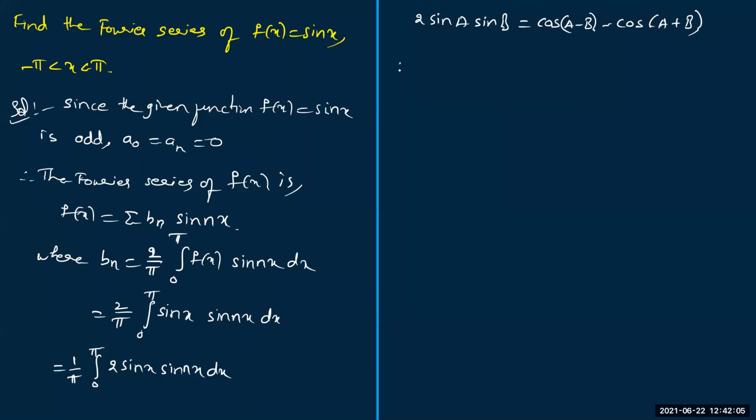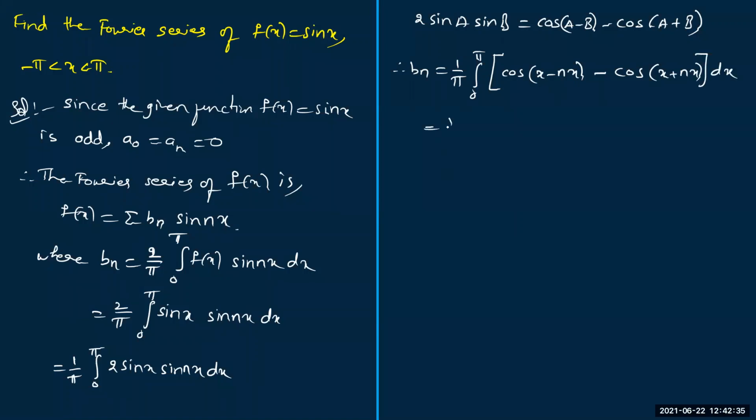Therefore, we can write Bn equals 1 by pi into integration from 0 to pi. Comparing the two, you can understand A is equivalent to x and B is equivalent to nx. So it is cos of x minus nx minus cos of x plus nx dx.